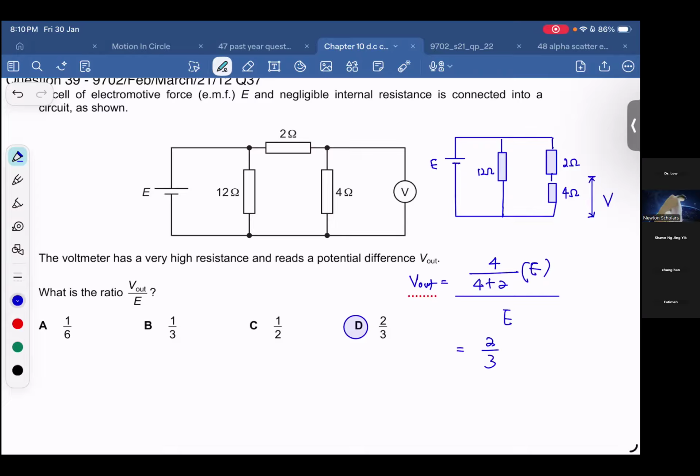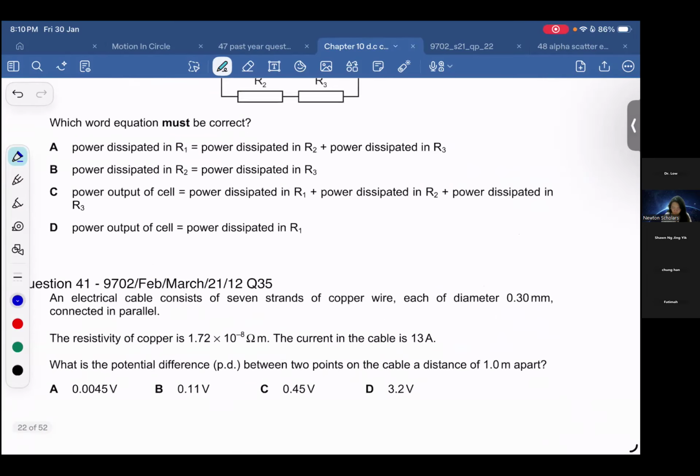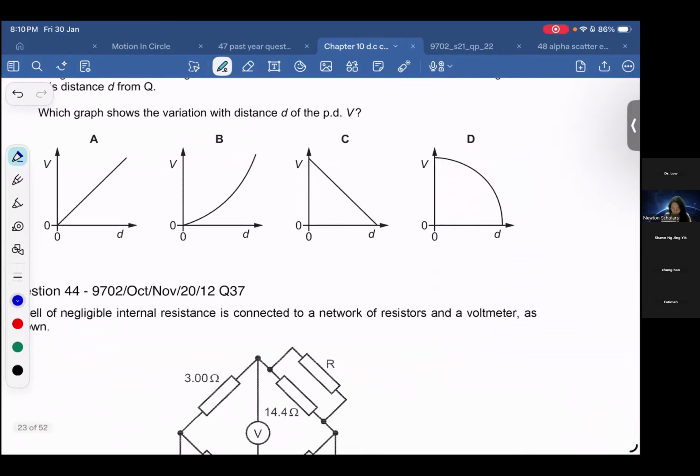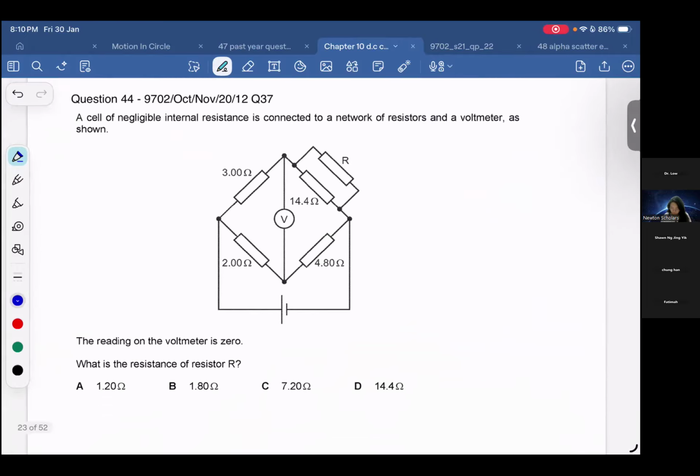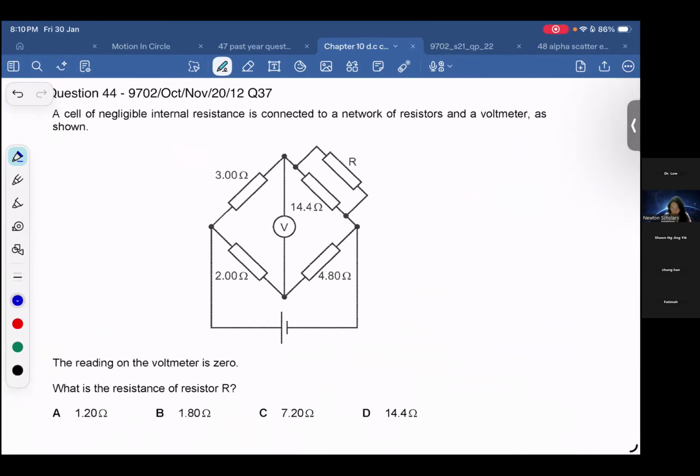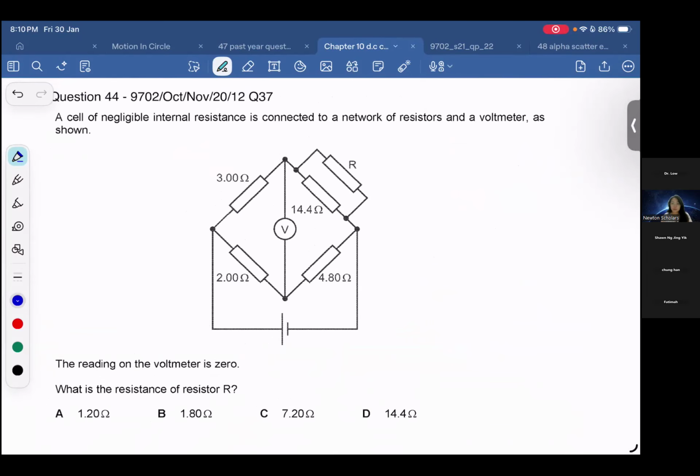Okay, maybe we can try question number 44. Right, dear, we try question number 44. We did a similar question before. Now testing on you. Are you able to solve it? Question 44.